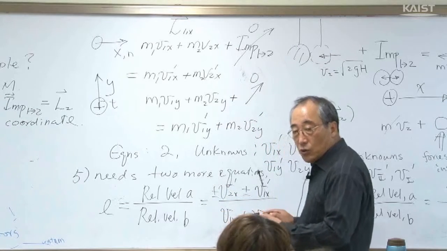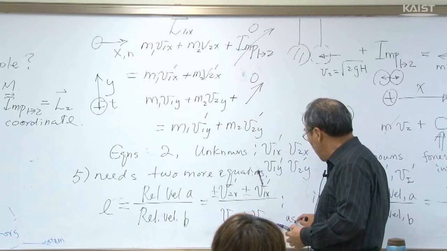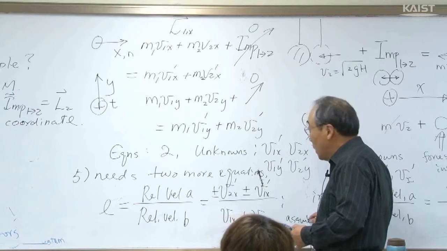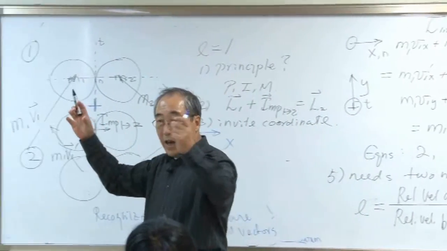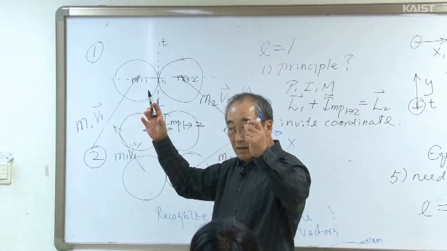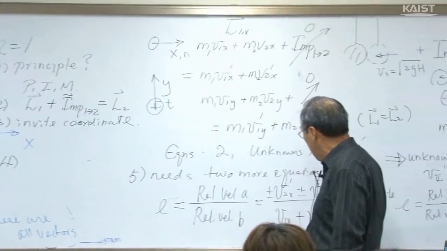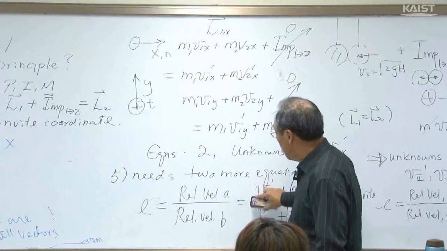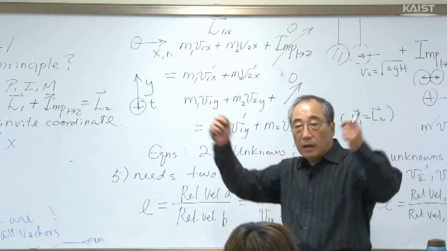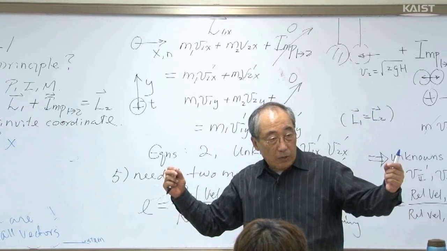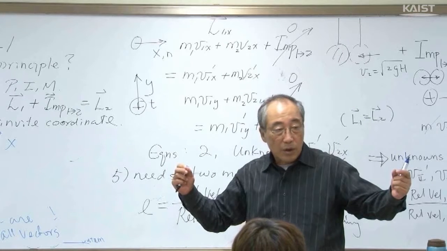Assuming that, because it collided this way, it moved that way, then the relative velocity would be V2x that way. Then the relative velocity has to be additive or subtractive.